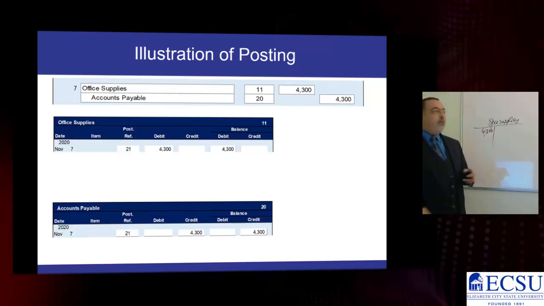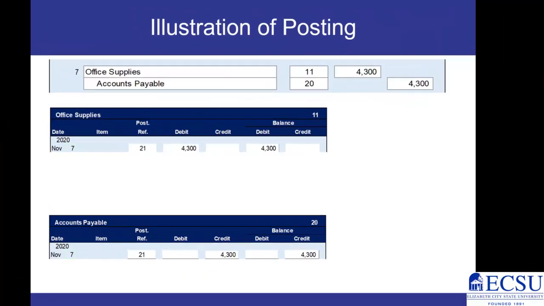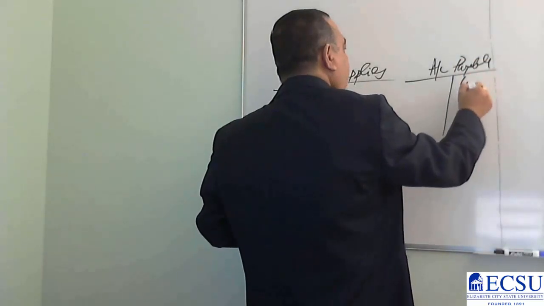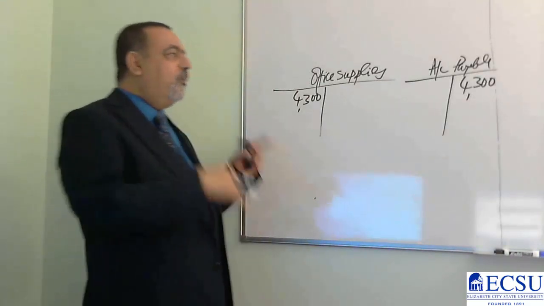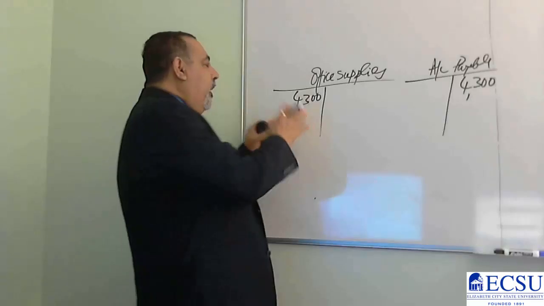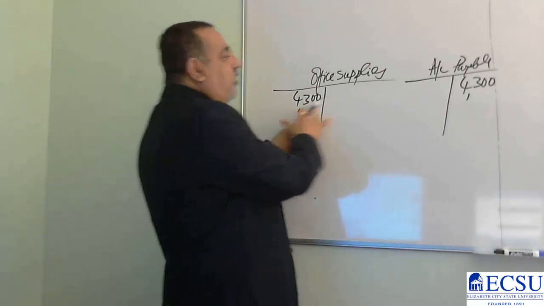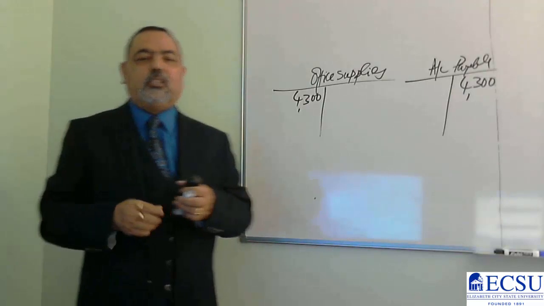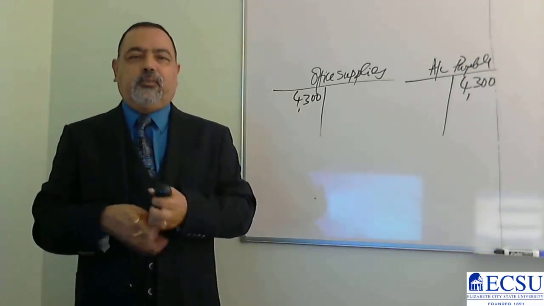And accounts payable is credited, so I'm going to open another T account, accounts payable, and on the credit side is 4,300. So we are following the double entry system of bookkeeping and accounting. I have a debit of 4,300 and a credit of 4,300. That is what is happening in the ledger postings as well.